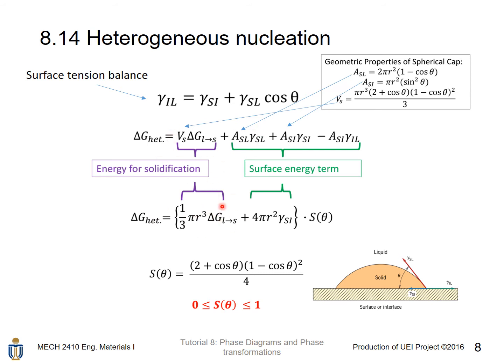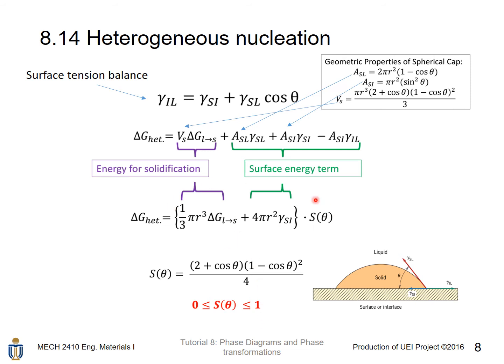is equal to a term, energy for solidification, which is also the volume term. It is here, and a surface energy term, which is here, times the theta. The theta is determined by the contact angle, and the contact angle, which is the theta as lambda, is between 0 and 1.